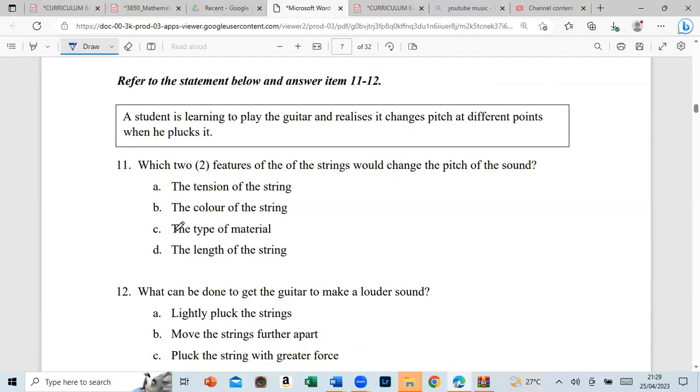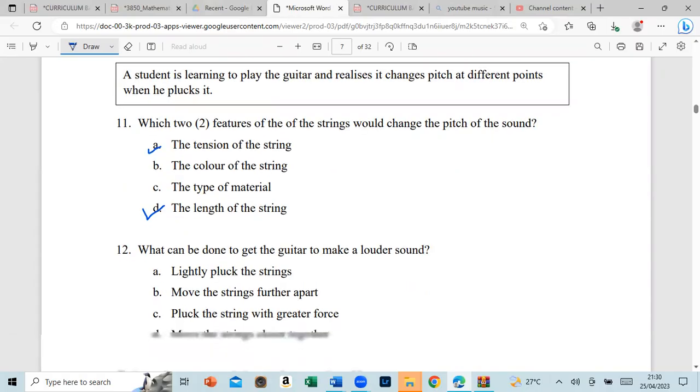C, the type of material. And D, the length of the string. So the tension of the string, color of the string, type of the string, and the length of the string. So that would be A and D. Let's look at number 12.